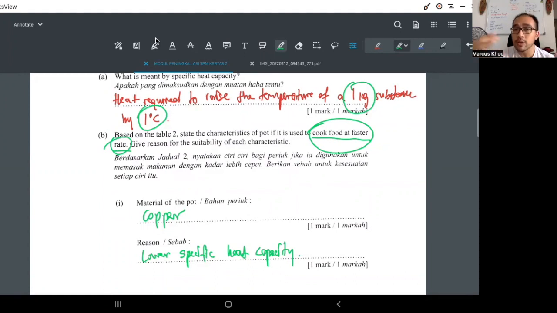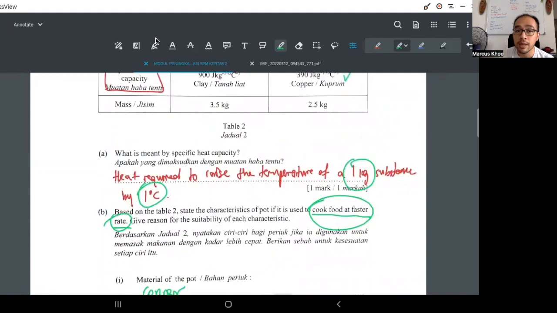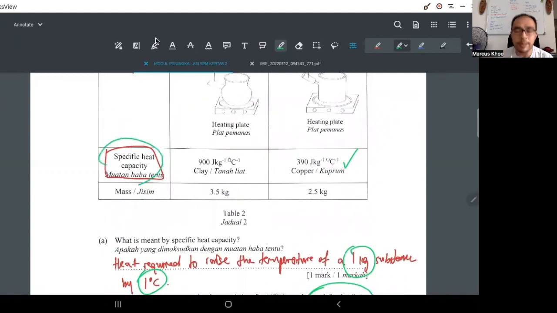Okay, so you want to try to relate to things that are related to physics lah. Would your answer of get hotter faster not be accepted? If it's me, I will not accept lah, because you know they already give you specific heat capacity. You should use the words.